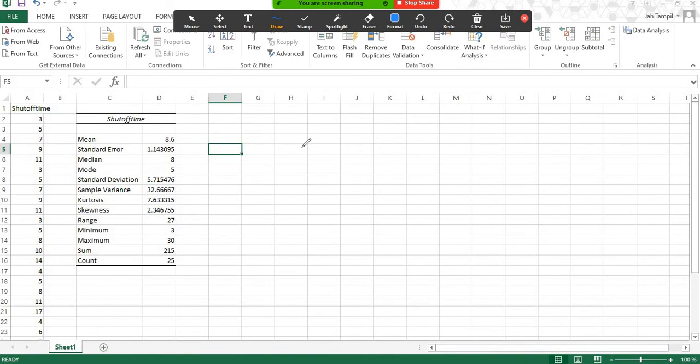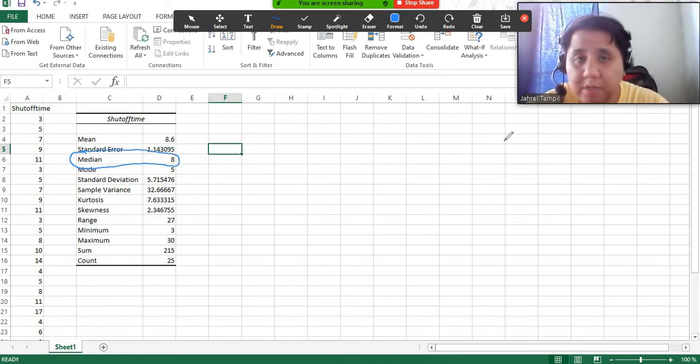So taking note of our running example, the median that was computed by our Excel is here. It is the value 8. To actually get the median, the usual thing that we do is we arrange the data that we have from lowest to highest and find the middle value.